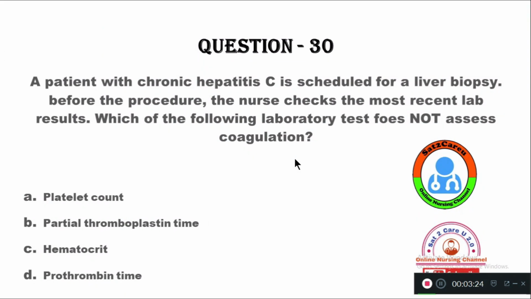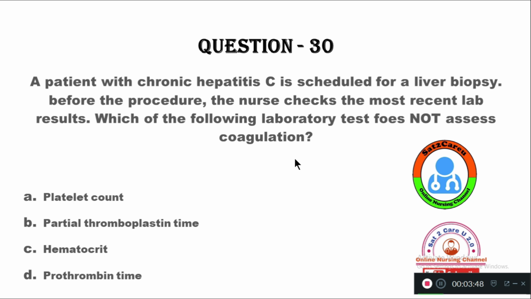Question number 30. A patient with chronic hepatitis C is scheduled for a liver biopsy. Before the procedure, the nurse checks the most recent lab results. Which of the following laboratory tests does not assess coagulation? Option A, platelet count.